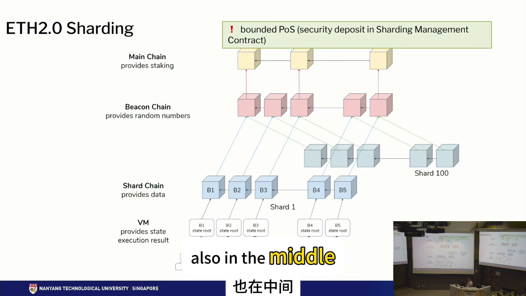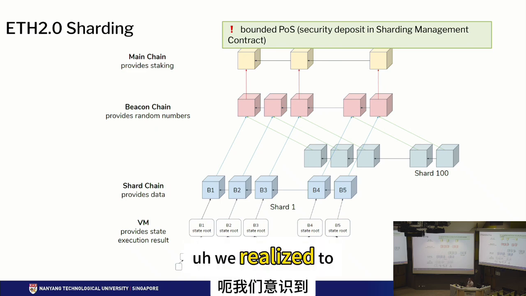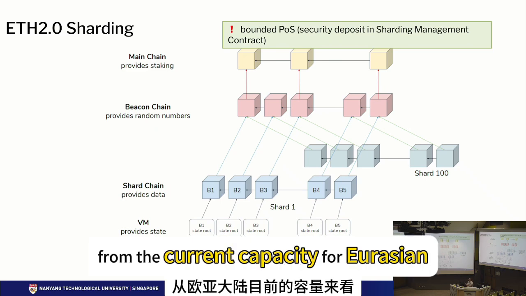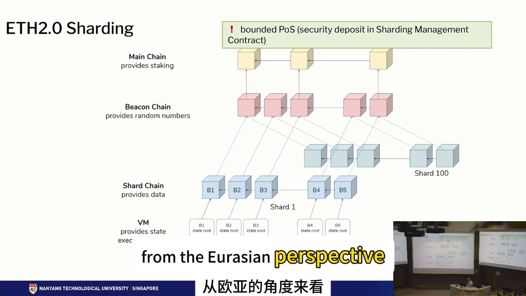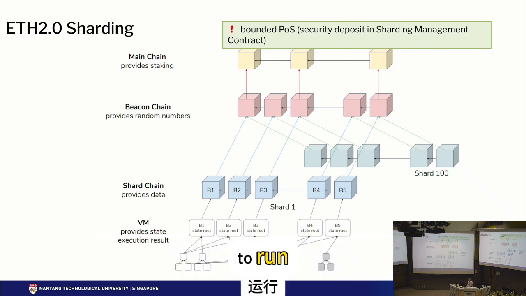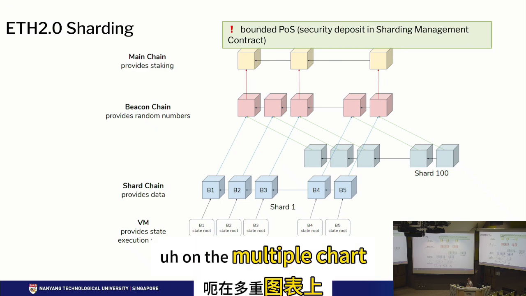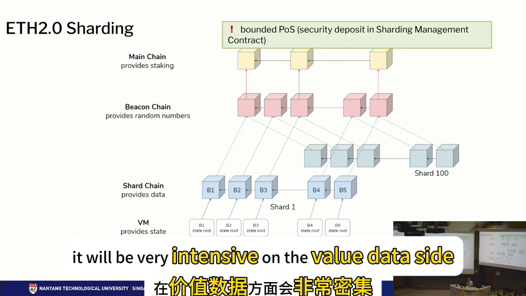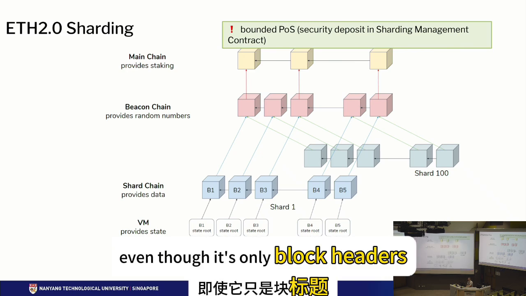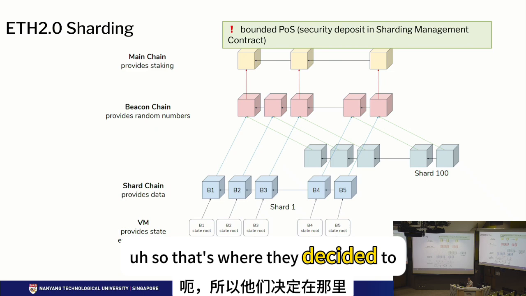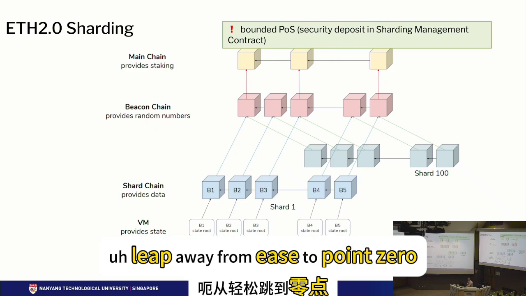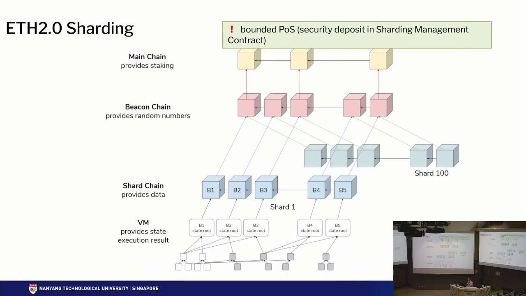Also in the middle, they realized that from the current capacity of Ethereum, running a sharded blockchain on multiple shards would be very intensive on the validator side, even though it's only block headers. So that's where they decided to leap away from ETH 2.0.